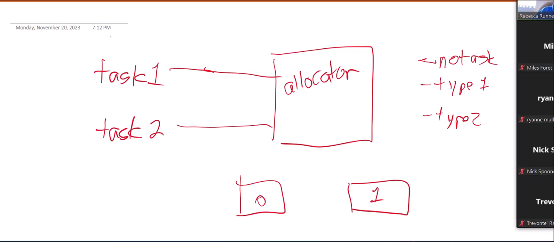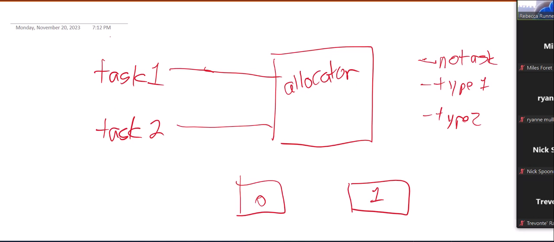It does not look at the tasks and say, okay, station 0 does this and station 1 does this, and to be the most efficient, I should send this kind of task to station 1 and this kind of task to station 0. You don't have to do that. It's actually not a very smart allocator. I guess if you wanted to put that in, you could, but that's not part of the project, and it's not what he wants you to spend your time on.